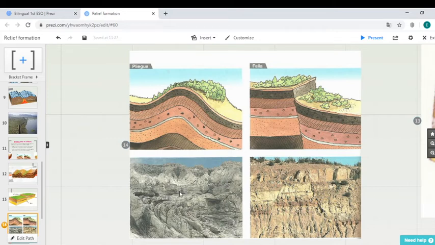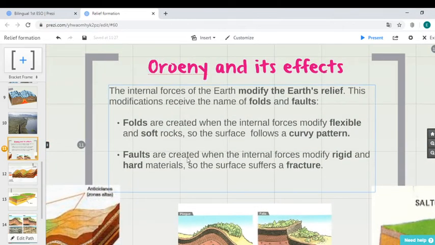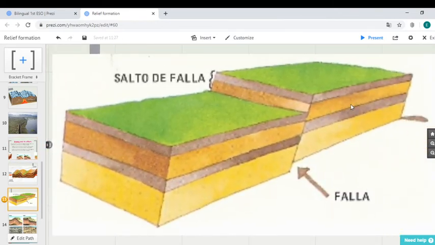Now, the second example is the faulted relief. It happens when the force modifies rigid and hard materials. So instead of following a curvy pattern, the relief tends to break, to say so, to create a fault. This is how this kind of relief looks.